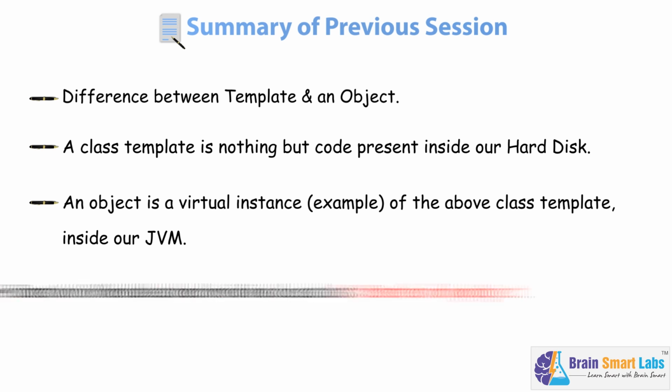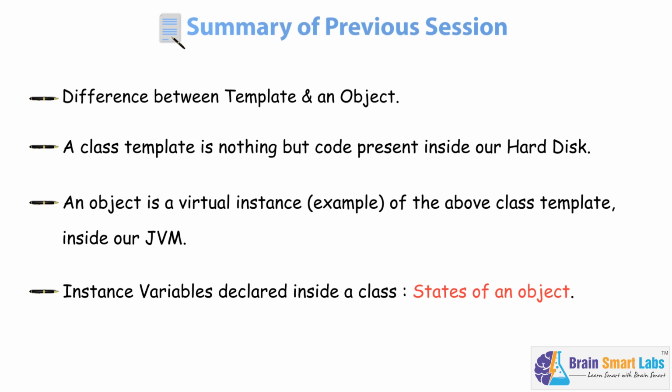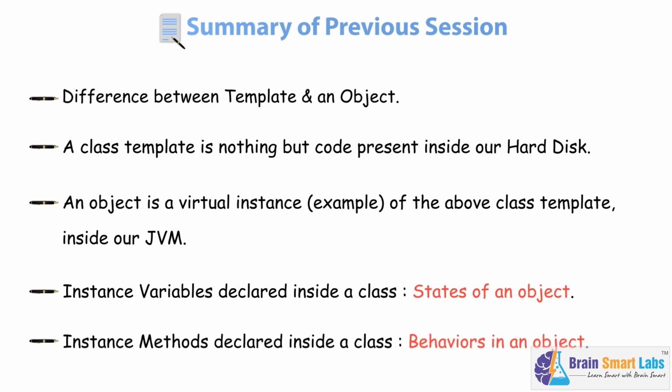The instance variables we declare inside a class from here on will be known as states of an object. Likewise, the instance methods we declare inside a class from here on will be known as behaviors in an object.